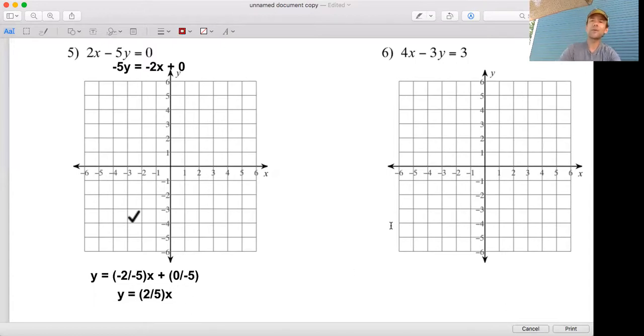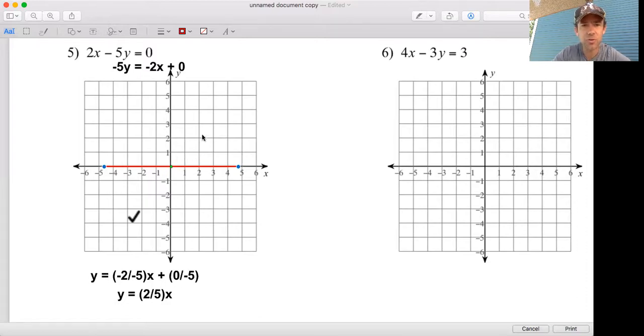Although when I made this worksheet, I didn't make this problem multiple choice, so I can't look at all the possible solutions, we can graph it. So let's just do that. All right, so we got our line. We know we want to start at 0. That should be the y-intercept, right? The plus 0. And we go over 2 up 5.